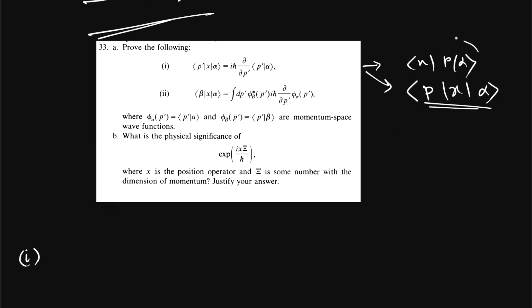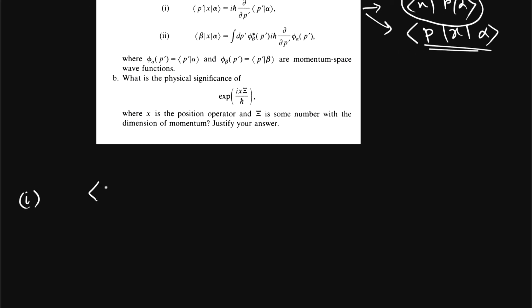We have to calculate this, so let us see what it is. By using this relation, the position representation of the momentum, we have to calculate p prime x alpha.